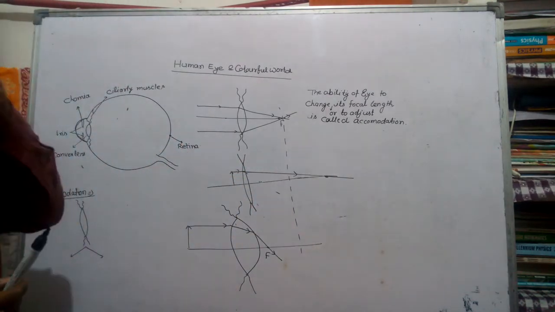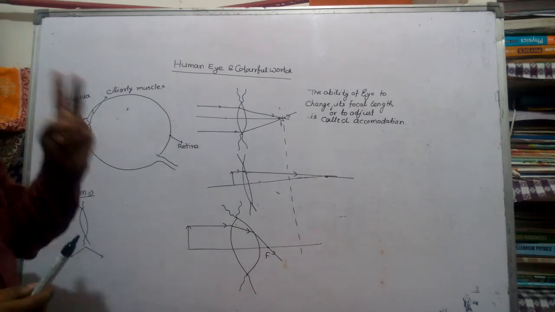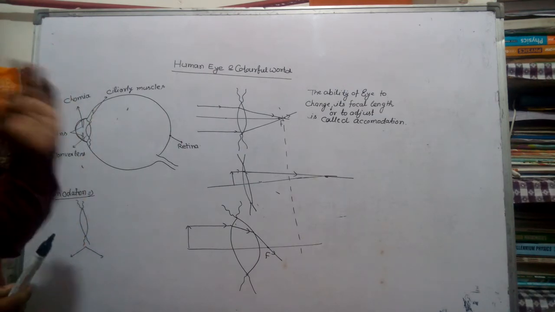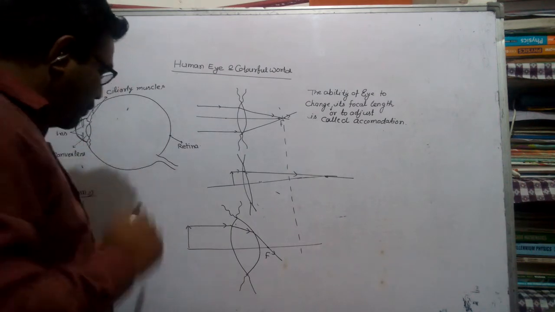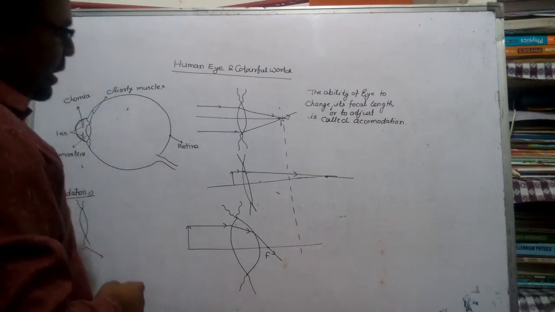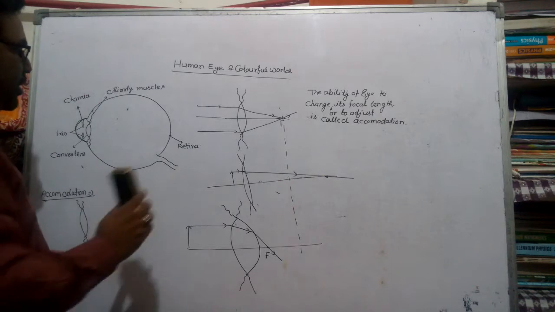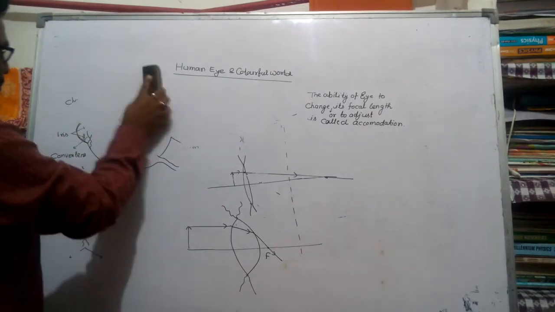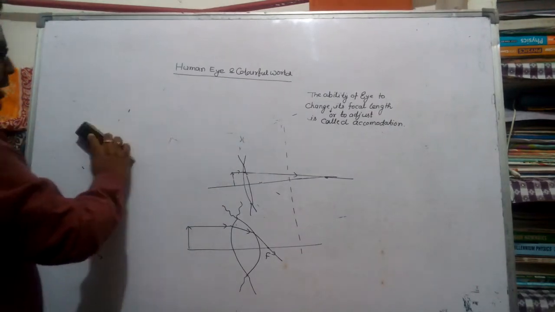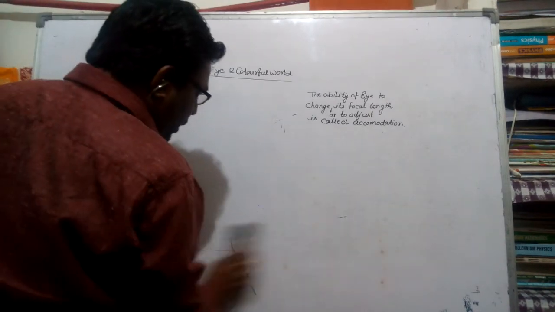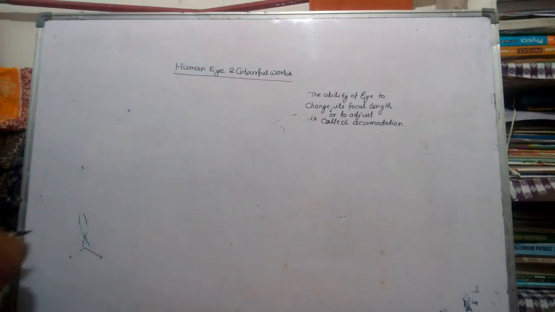Now our next topic. There are two very important topics: first one, near point, and the second one, far point. Look at this, beta. First we discuss near point. What is near point?